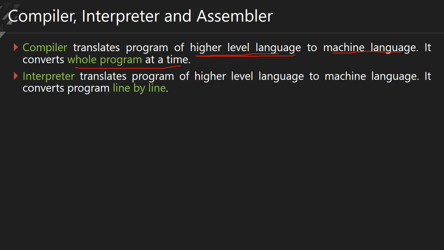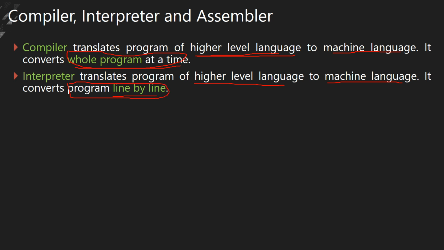So what is an interpreter? An interpreter is also a kind of translator program which converts the high level language to machine level language. It converts the program line by line. It will not convert the entire program in one stretch. It will convert the entire program line by line, right?